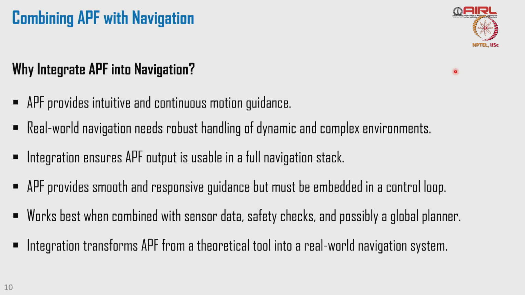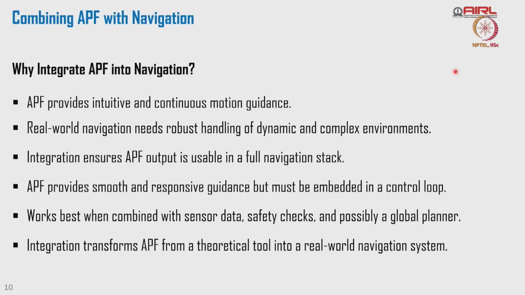Artificial potential field provides smooth, responsive guidance, but must be embedded in the control loop, which must close up, right? It works best when we combine the sensor data and perform the safety checks, and we can possibly integrate it with a global planner too, right?